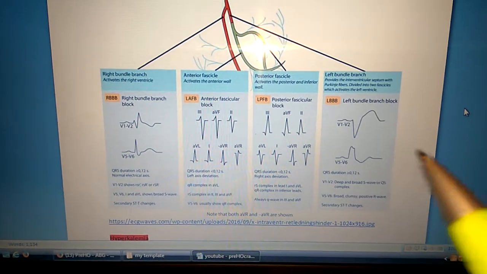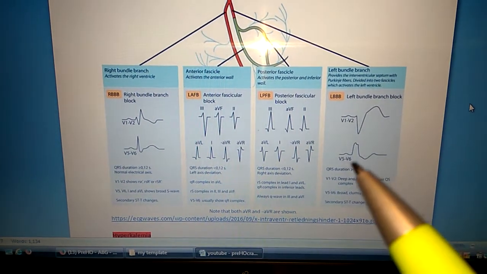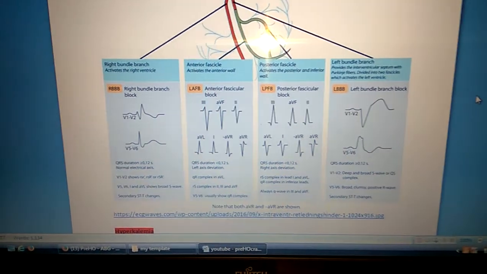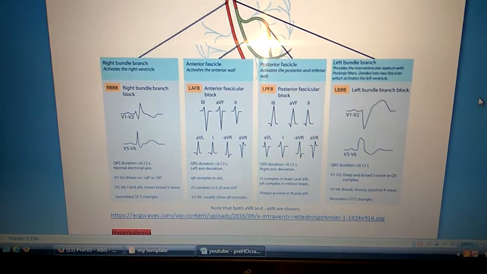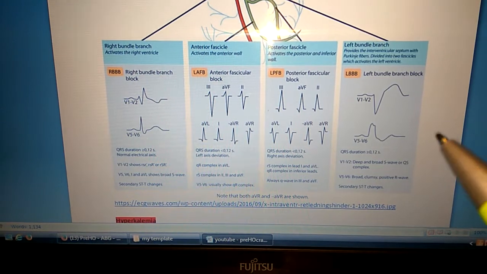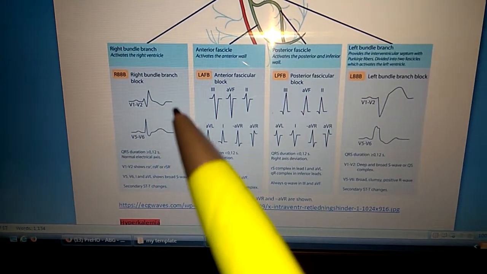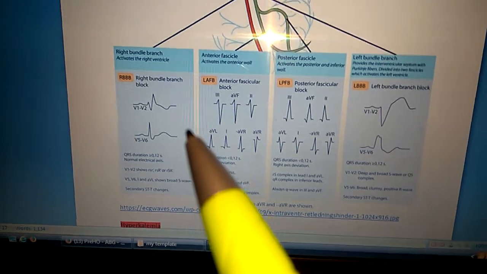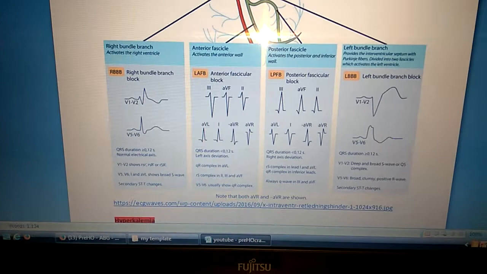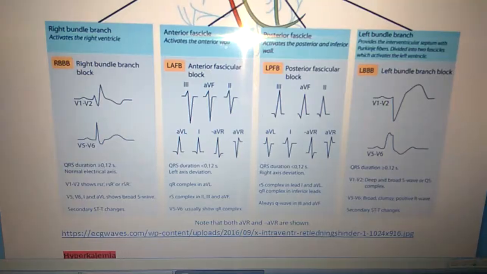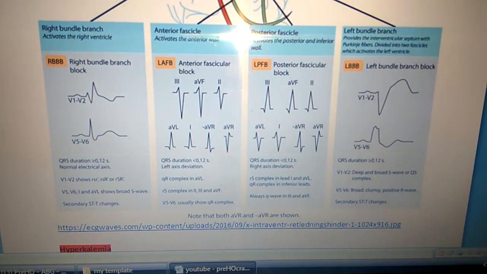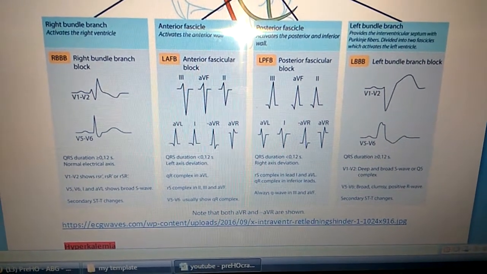If LBBB, V5, V6 will have a bit of an M shape on top of the QRS complex. Small m LBBB, big M RBBB. Okay, for anterior fascicular and posterior fascicular block, it looks like this. For anterior fascicular block there is left axis deviation, whereas the posterior fascicular block has right axis deviation.